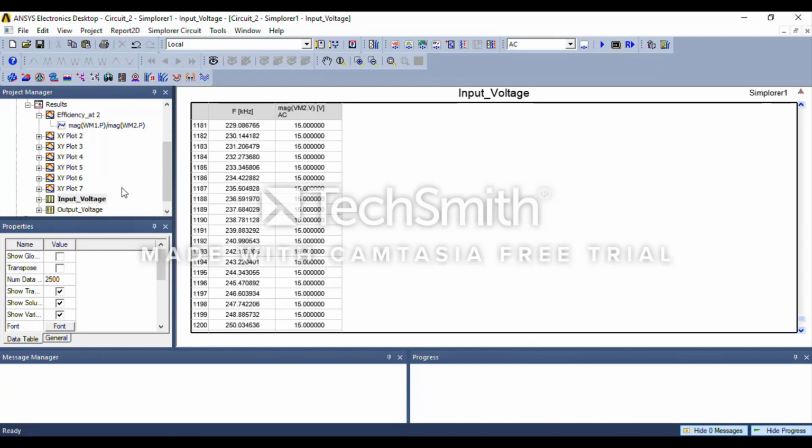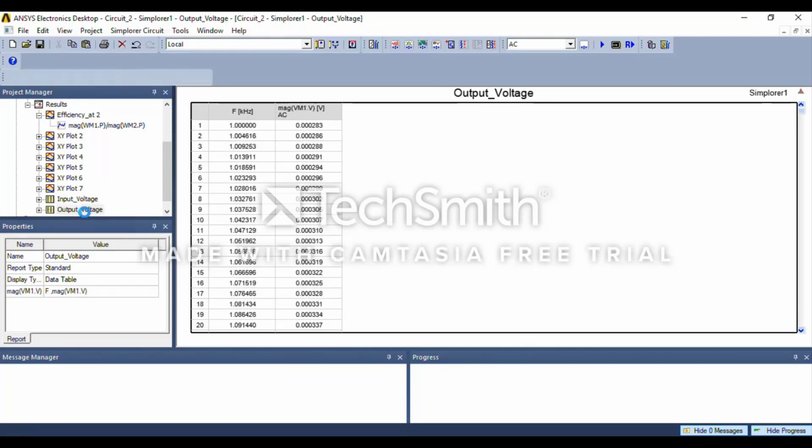Then the next is the output voltage variations. What we can see is that at very low frequencies, the voltage is too small, or even we can say it is almost negligible.